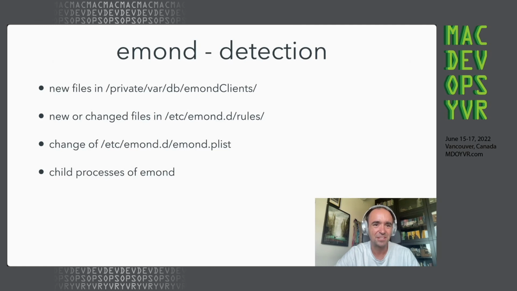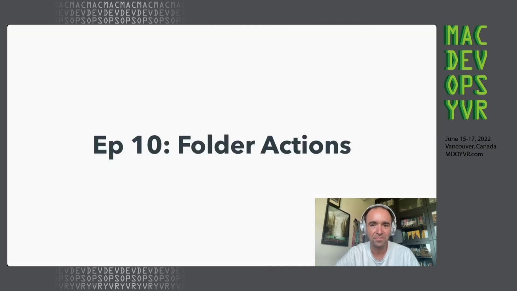So if there is any new file in the private var db emond clients directory, that can be suspicious, any file there. Also look for a change of the rules file, because someone might add a new rules location there, or just look for any new or changed rules or child processes of emond.